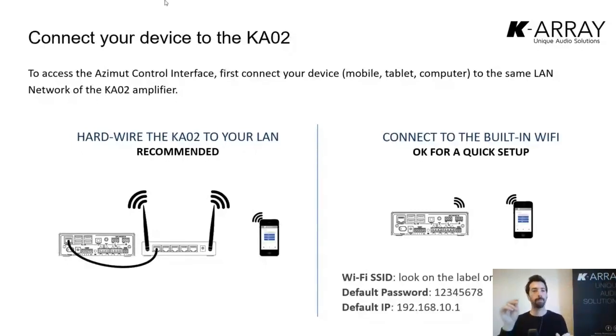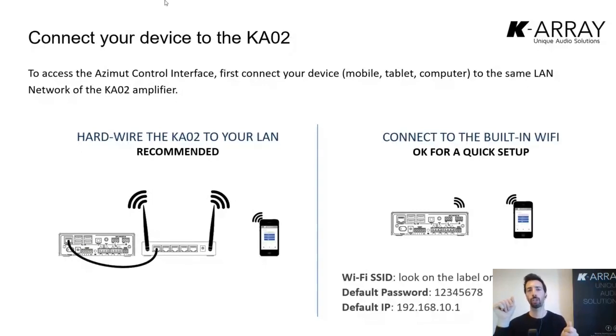Actually, if, for example, you don't have a local network in that place, maybe you are on a cruise ship, or maybe you don't have access, I mean, for any reason. The K802 has a Wi-Fi antenna on board.